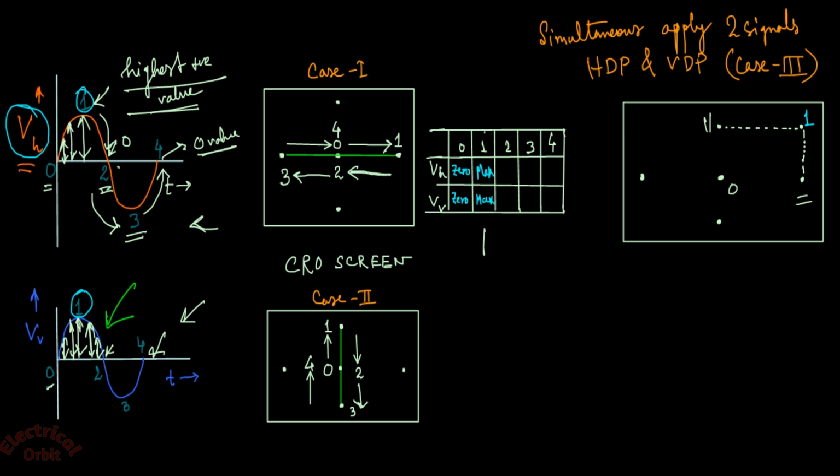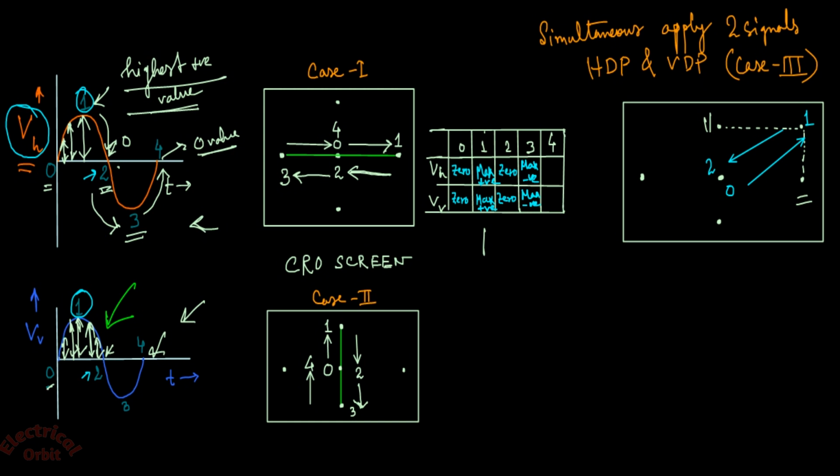Now again at 2, both VH and VV are 0, so again the output point will be at the 0 position. So first it will travel from 0 to 1, and then it will travel back from 1 to 2. Then at point number 3 both values are at their extreme negative, that is, maximum negative. Here it was maximum positive. So at the maximum negative we can write like this, and we can get the point like this.